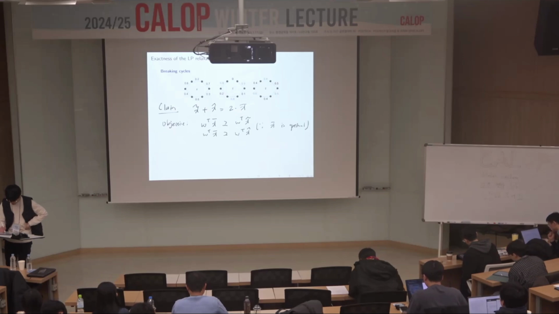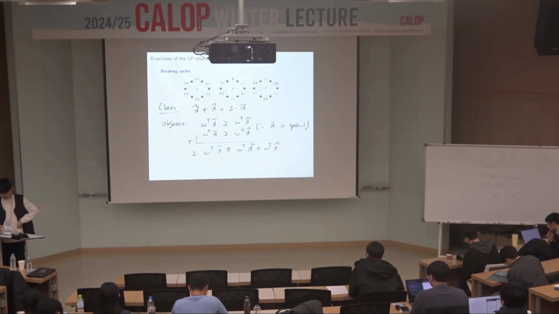If you add these two up, you have 2 times W transpose x bar is at least W transpose x tilde plus W transpose x hat. I just added these two inequalities.